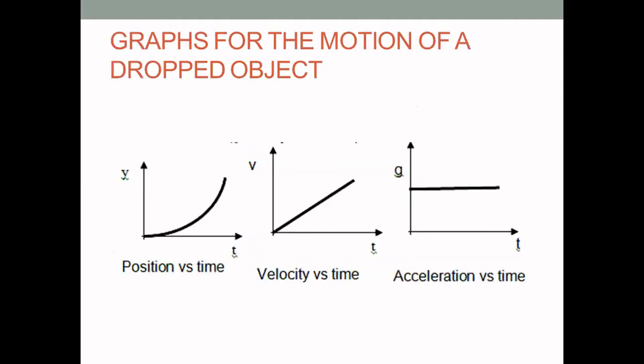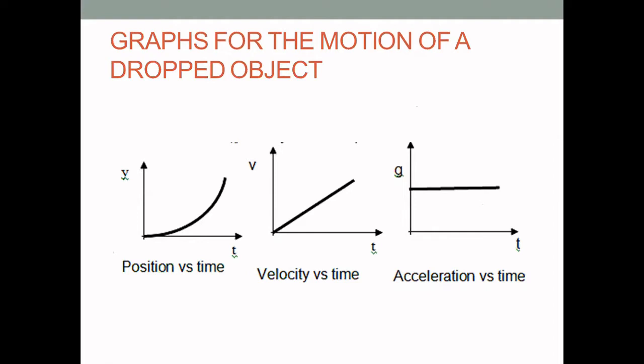So let's consider the graphs for the motion of an object that is dropped. You can see the first one here is a position time graph. The object is dropped, so initially the displacement is 0. We take down as positive.